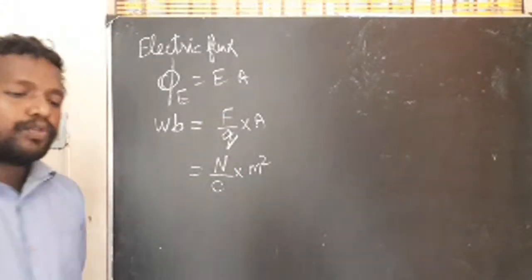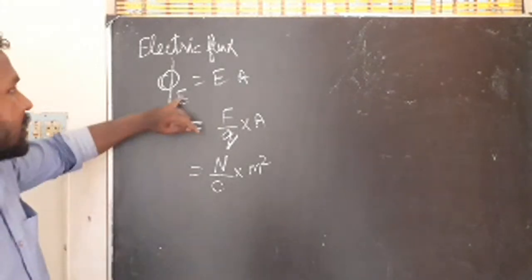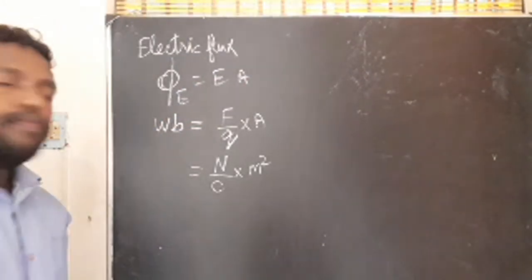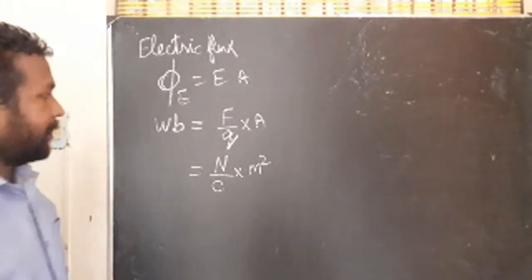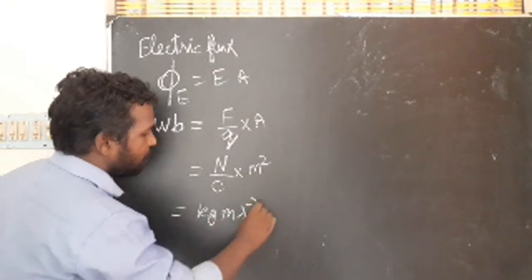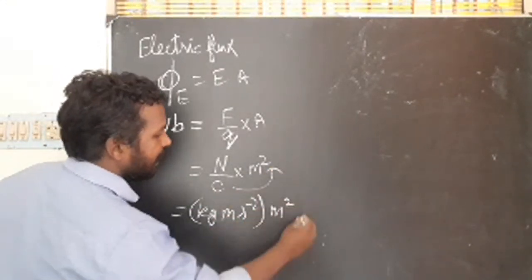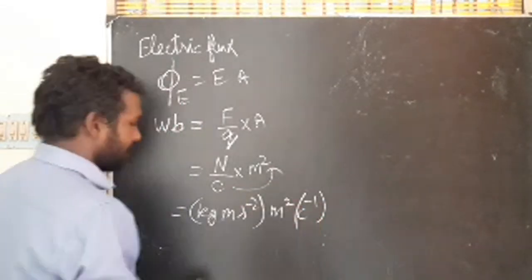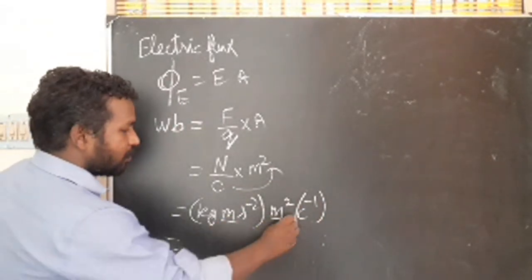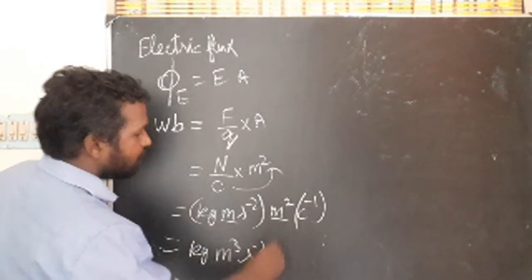Now let us do the solution for the electric flux. Electric flux is equal to electric field into area. Newton is kg meter second minus 2, into meter square. Coulombs from the denominator I am taking to the numerator, so coulombs inverse. Meter square gives meter cube: kg, meter cube, second minus 2.